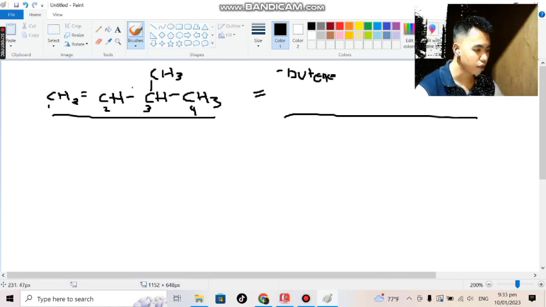And we're going to check if there is a substituent, which there is, and it is located in the third carbon, which will serve as our prefix. So 3, and this has 1 carbon only, so this is a methyl.